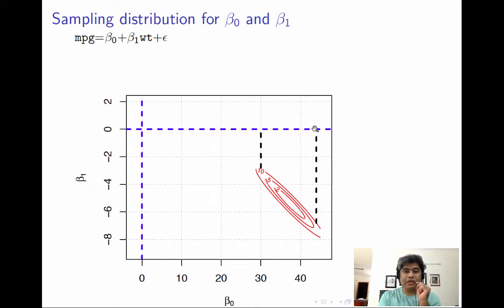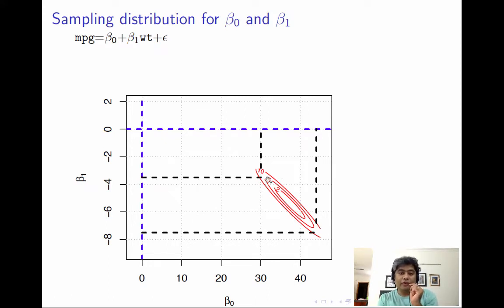So there is a 90% chance that the true value is somewhere between 30 and 42 or 43, so we can safely say that.